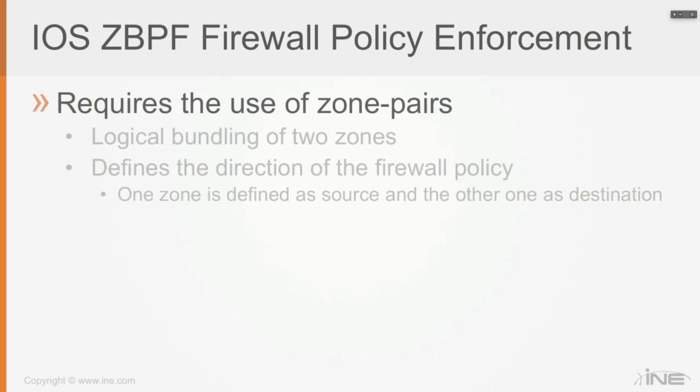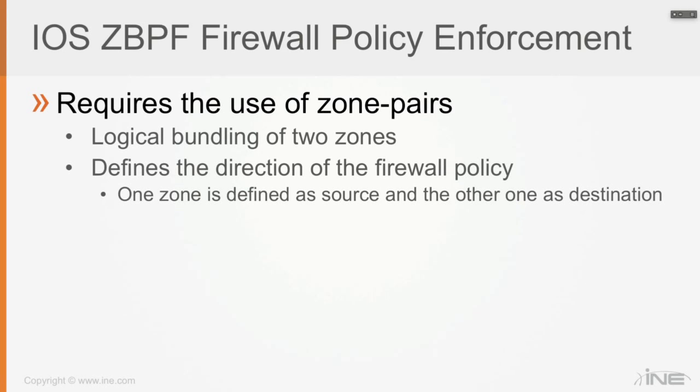And to enforce the policy, we make use of what I call zone pairs. So we're going to logically bundle together two zones and define the direction of the firewall policy. It's going to be inside to DMZ, or DMZ to inside, or inside to outside, whatever the direction is. So in the zone pair, we define the direction of the firewall policy, because one zone is going to be defined as the source zone, and the other zone is going to be defined as the destination zone.